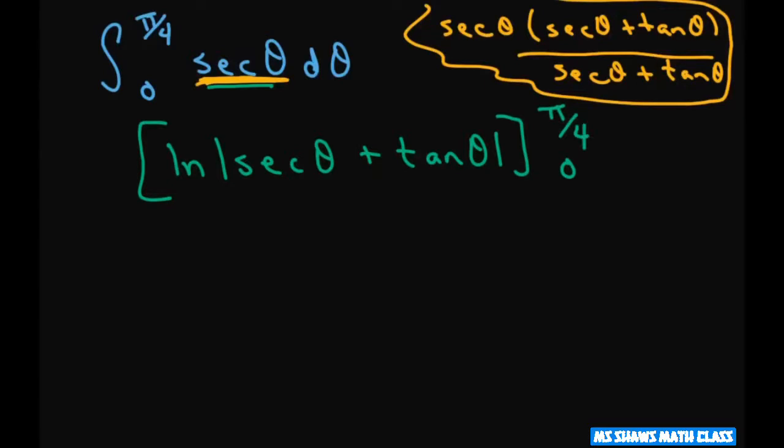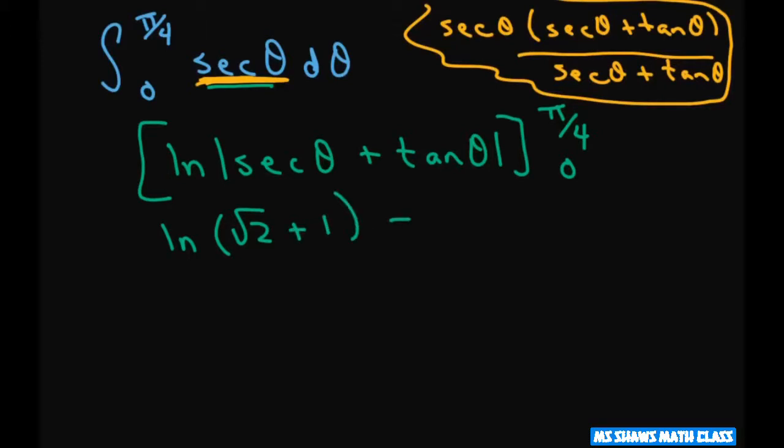All right. Now, when you evaluate at pi over 4, you're going to get ln of secant of pi over 4, which is square root of 2, and tan of pi over 4 is 1.